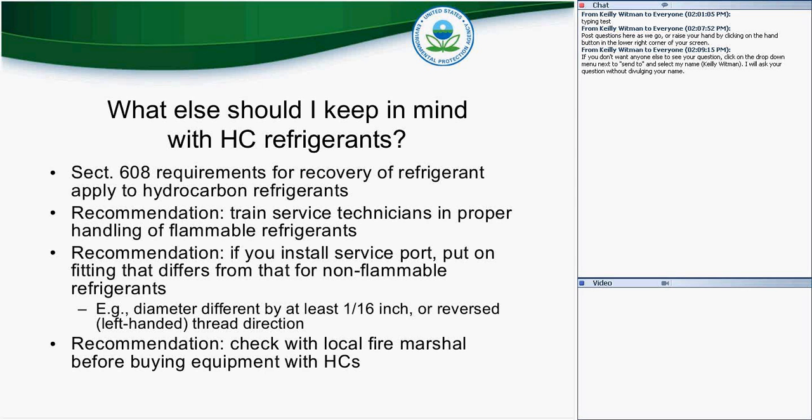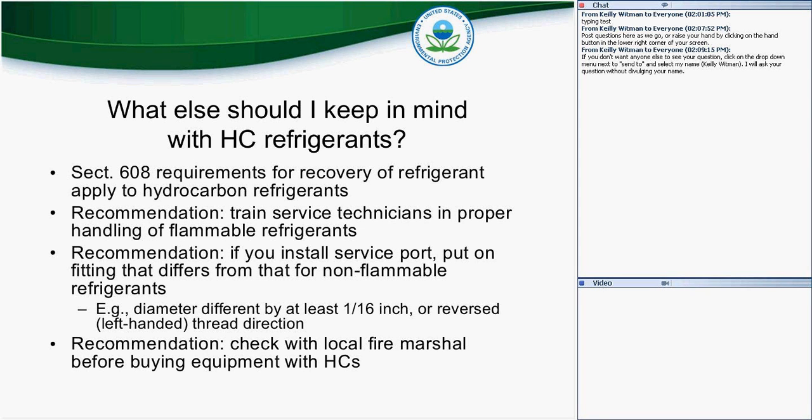And so we think with the use conditions and those additional precautions that really should address whatever additional flammability risks there might be, just because it's a more flammable refrigerant that's being used.